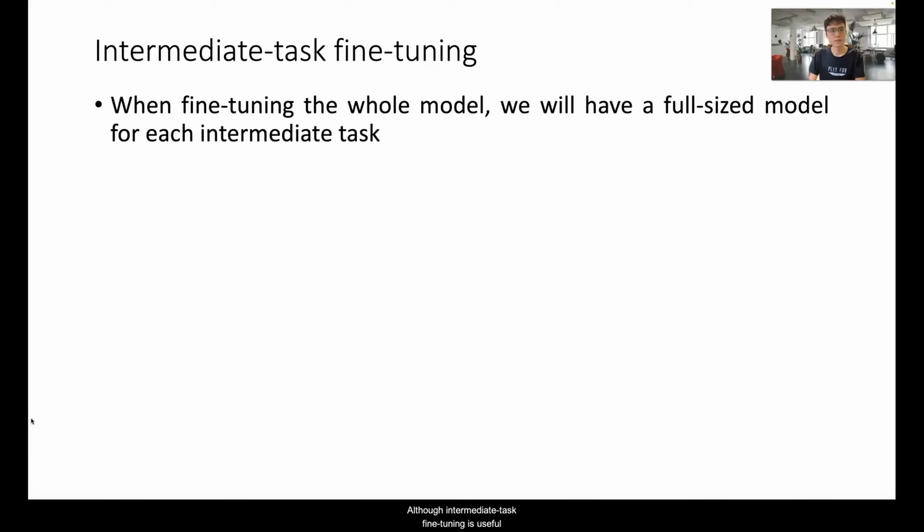Although intermediate task fine-tuning is useful, we usually don't know what the best intermediate task to use is, and we will end up fine-tuning a model with all possible intermediate tasks and selecting the best one. When using standard fine-tuning, this would require a lot of space to store those models.